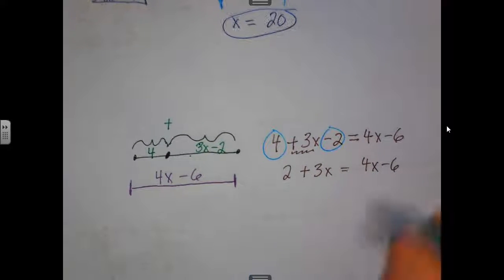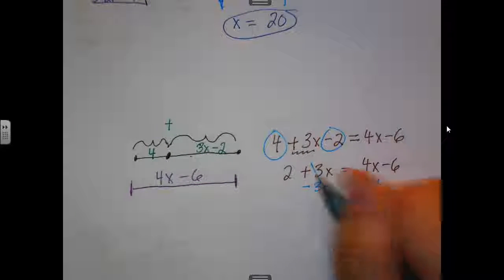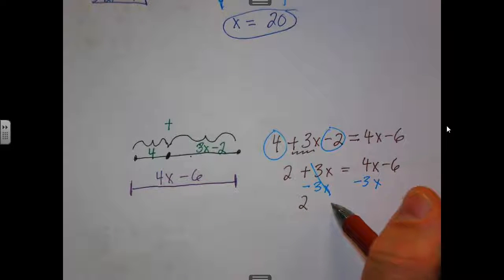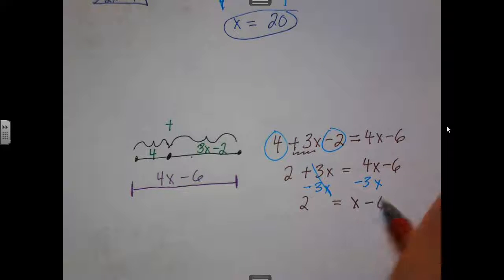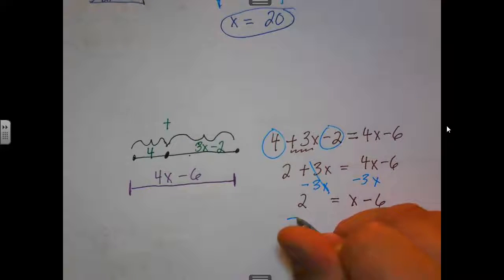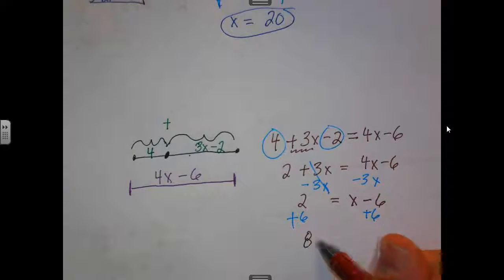I'm going to subtract 3x from each side. So I get 2 equals x minus 6. Then I'm going to add 6 to both sides. So x is going to equal 8.